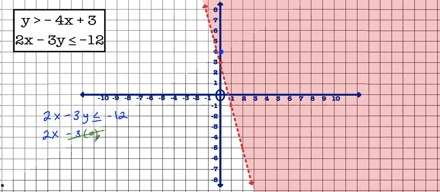This ends up canceling out because that's just 0, is less than or equal to negative 12. So we end up with 2x is less than or equal to negative 12. Divide both sides by 2. x is less than or equal to negative 6. So our x-intercept is negative 6, 0.